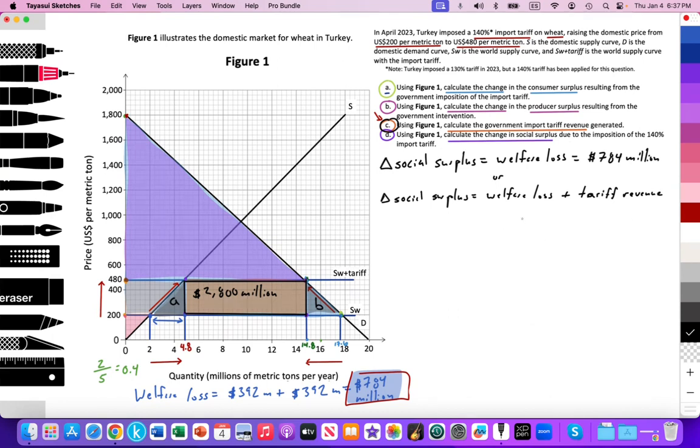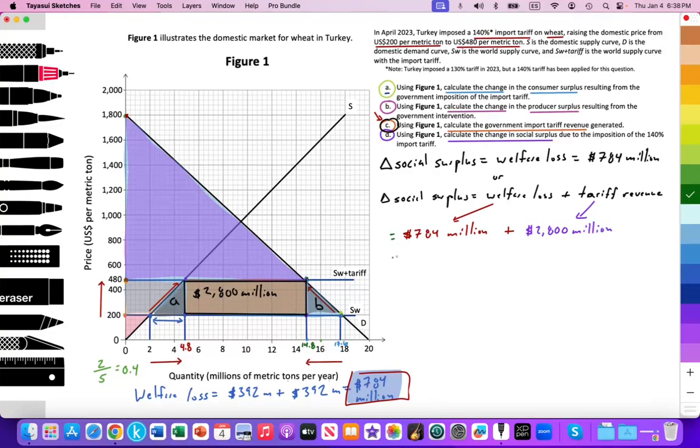Okay, so the welfare loss we calculated as 784 million. We're going to add that to the tariff revenue. And the tariff revenue we calculated previously as being 2,800 million or 2.8 billion. So we can just add that up.